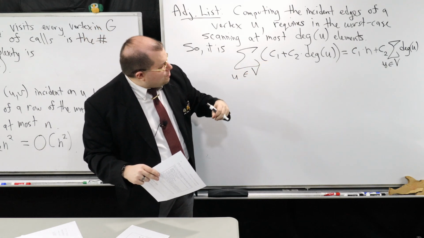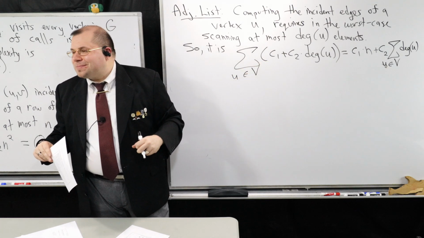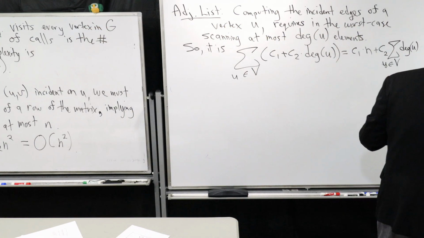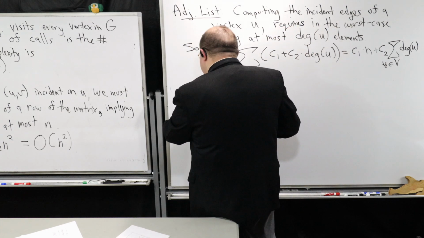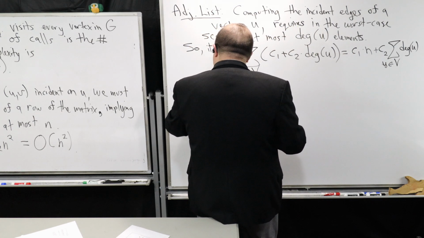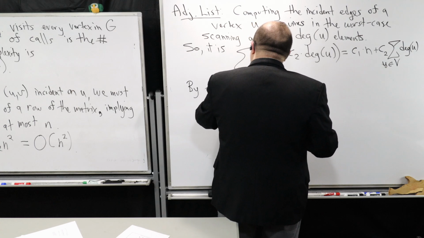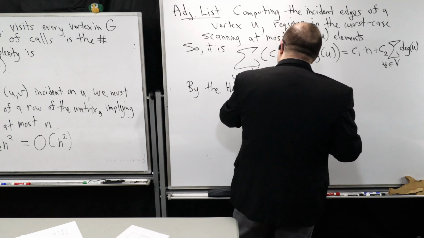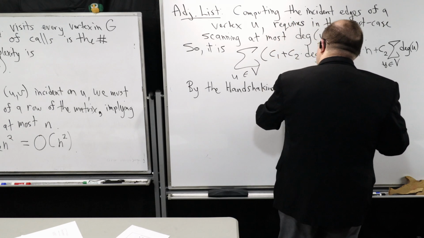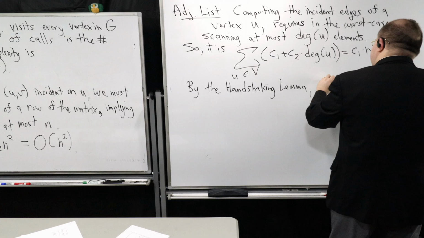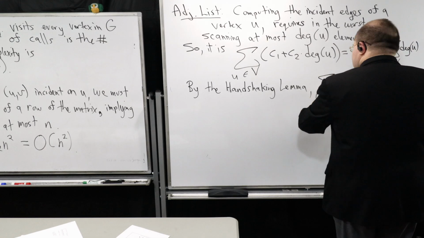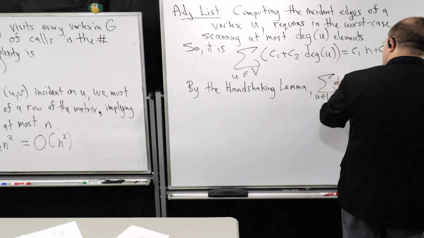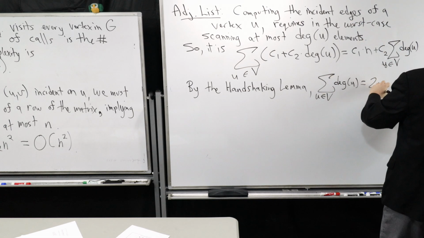What can I replace that sum with? Well, I'll remind you, by the handshaking lemma, the sum of the degrees over all the vertices is equal to 2 times the number of edges.